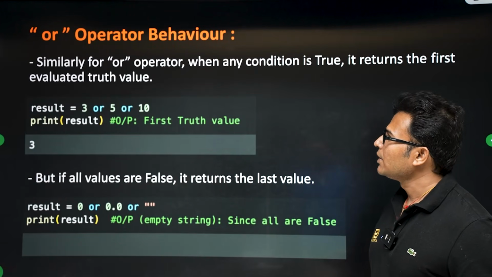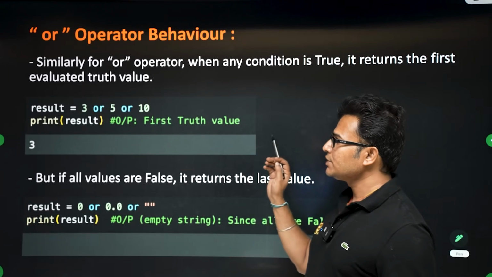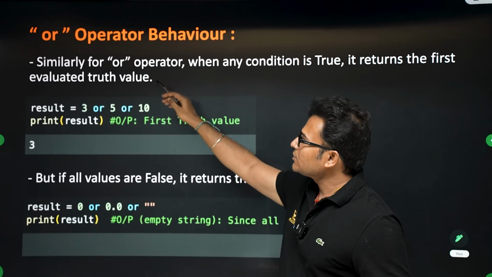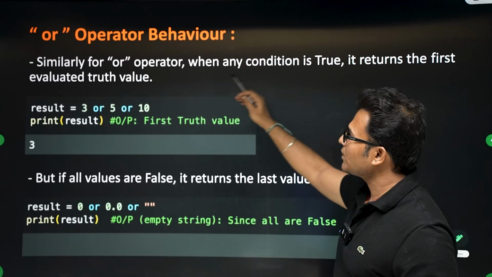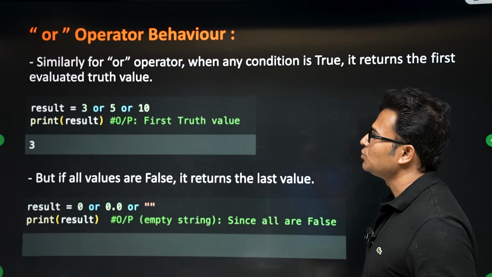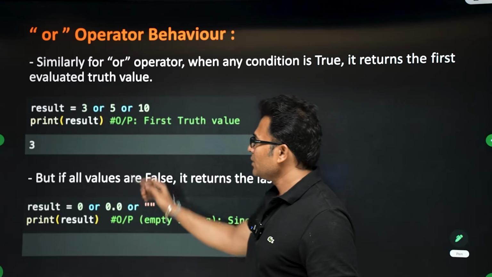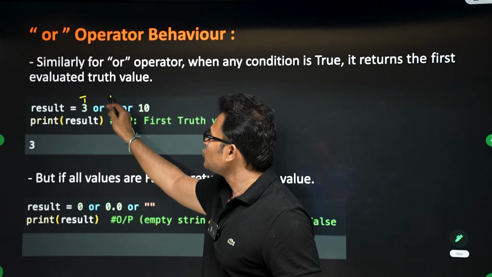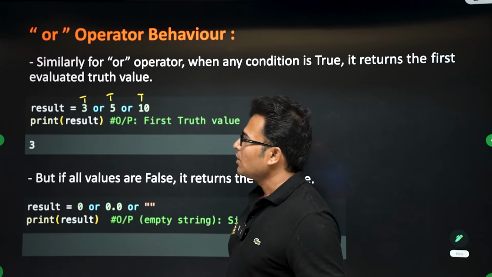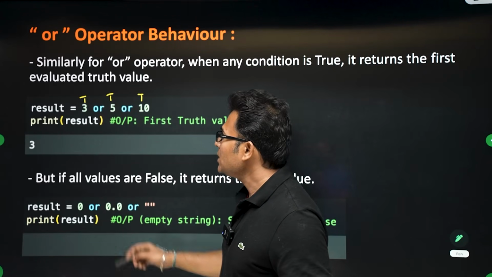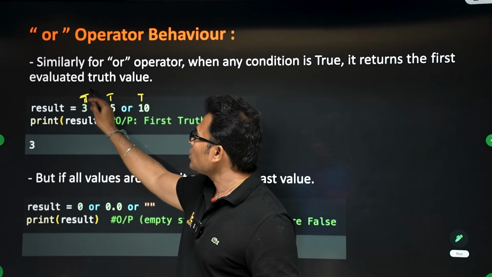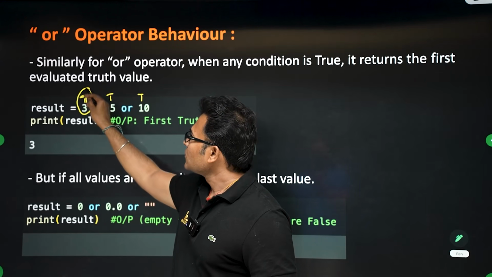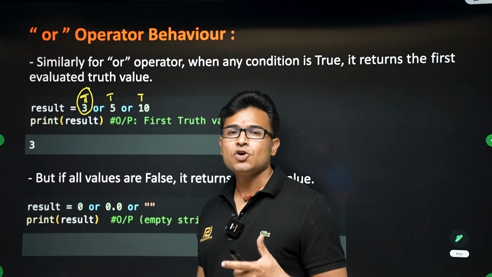And the OR operator behaves similarly. When any condition is true, it returns the first evaluated true value. For example, this is true, this is true, this is true. OR will stop whenever it sees a true value, which means evaluation of OR will stop there.